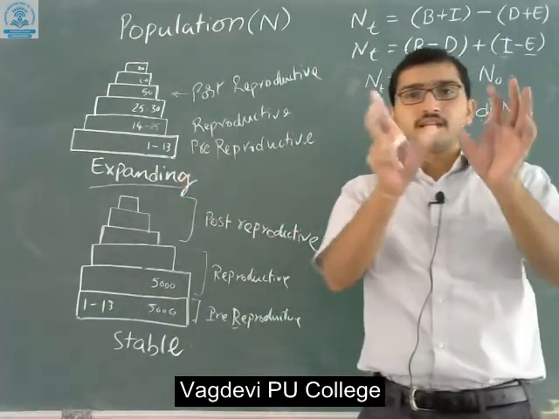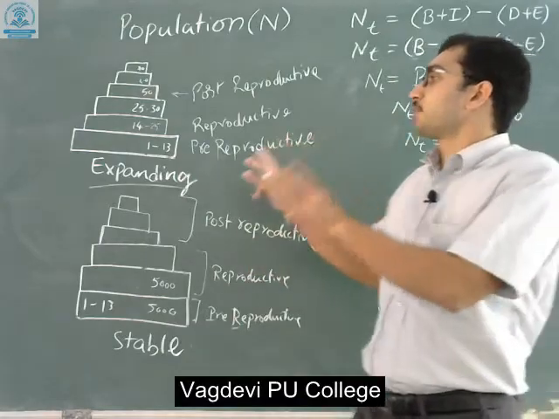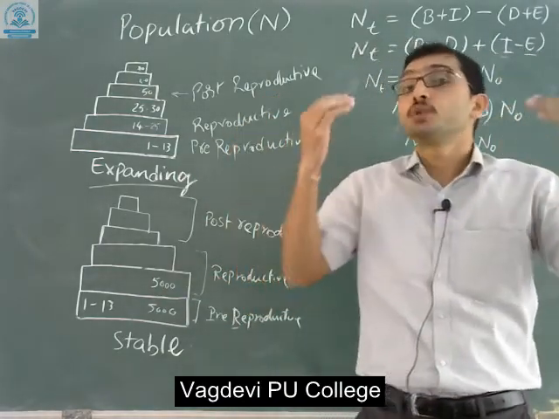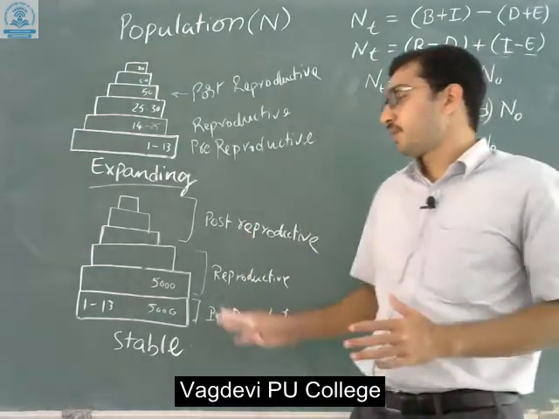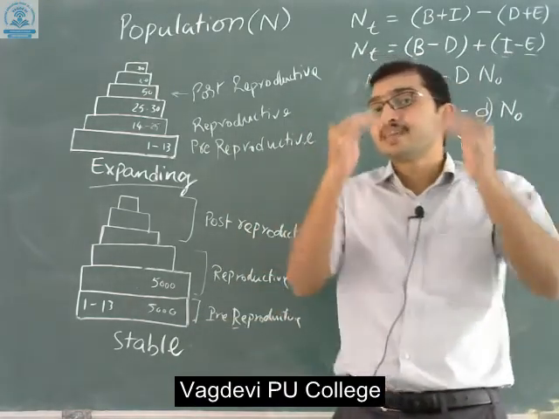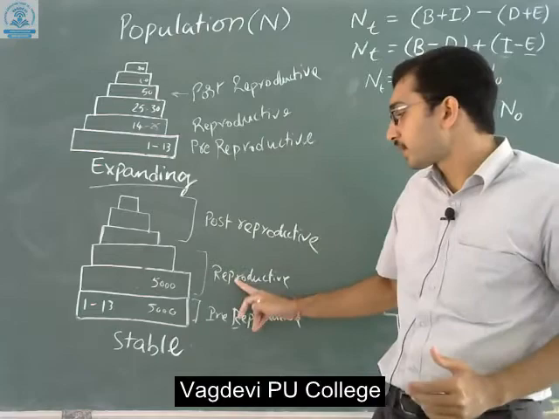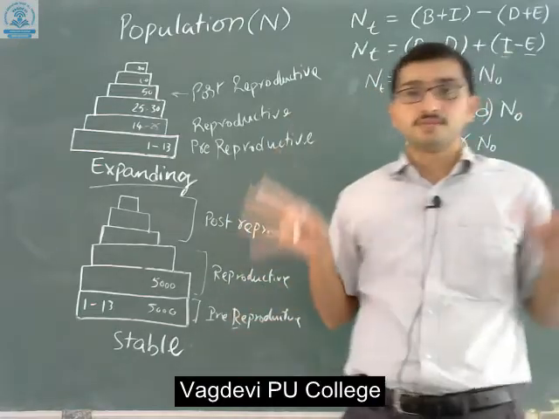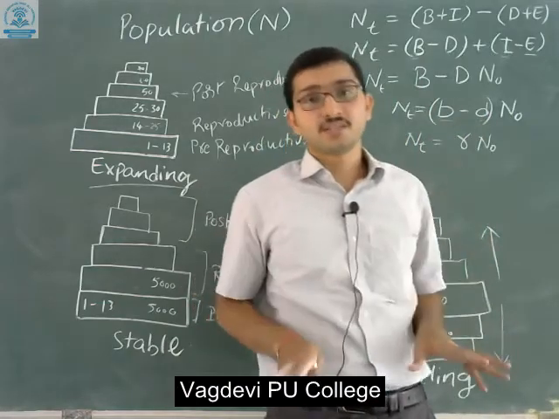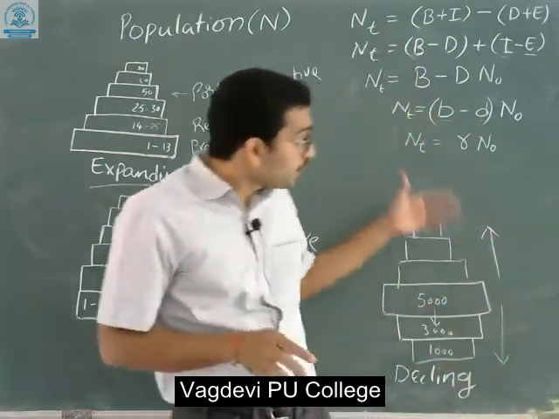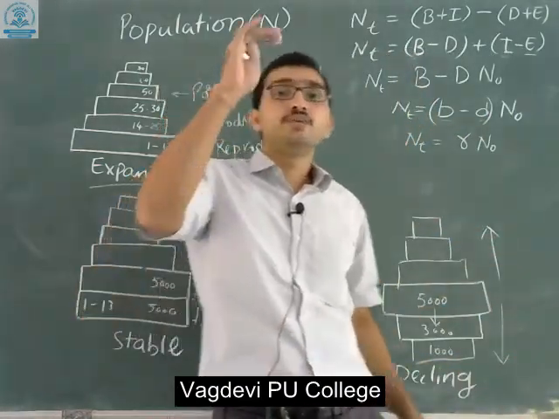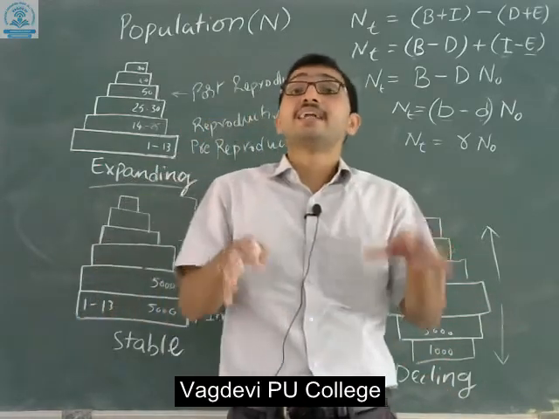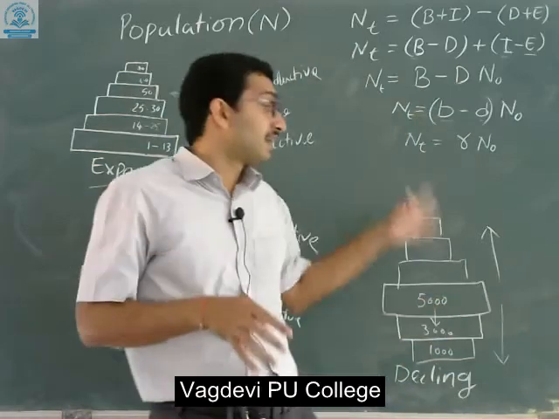Why? Because any population pyramid that is expanding has a larger number of pre-reproductive individuals. Any population that has the same number of reproductive and pre-reproductive individuals is considered stable. If any population has a reduced number of young individuals, then that population is in danger and is considered declining.